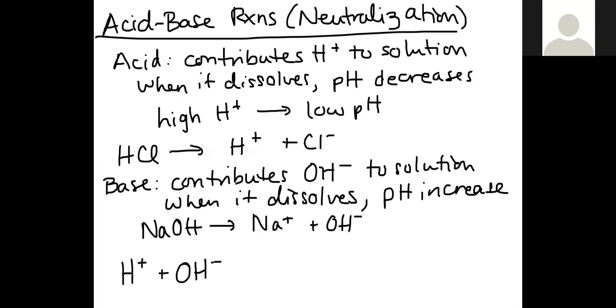Water, H2O, and this is what we call neutralization. H plus and OH minus go to neutral water. So the more OH minus you have in solution, the less H plus you have because they go together and make water. Any questions on this so far?